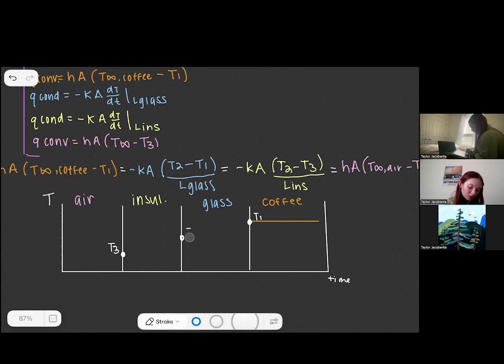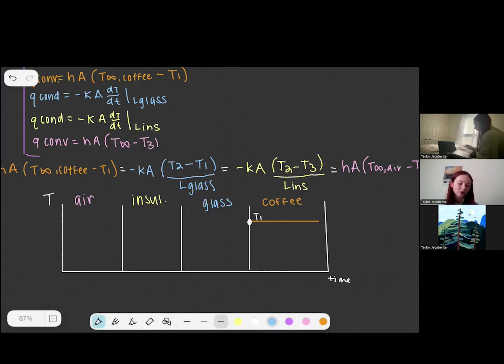Let's start on our endpoints actually, so that we can evaluate which curve is going to be steeper. So we know that from air to insulator, you have a pretty decent decrease, and that is our T3. So now for determining the position of T1 or T2, the coffee to the glass is going to still be a decrease, but slightly less steep, like this.